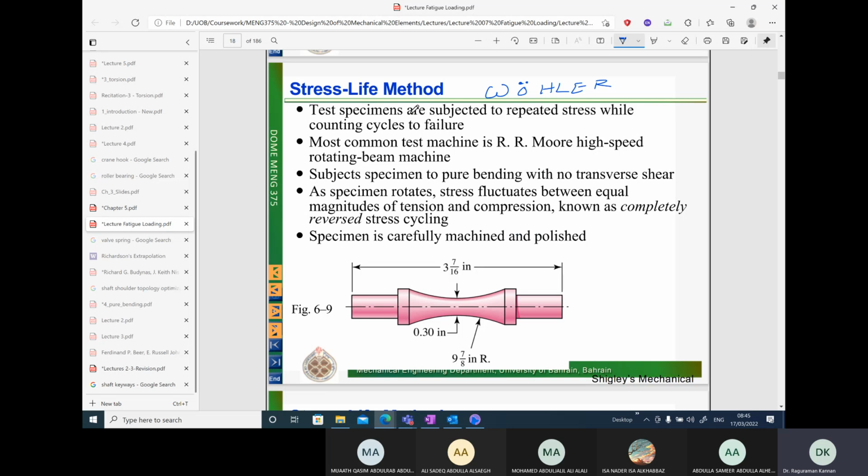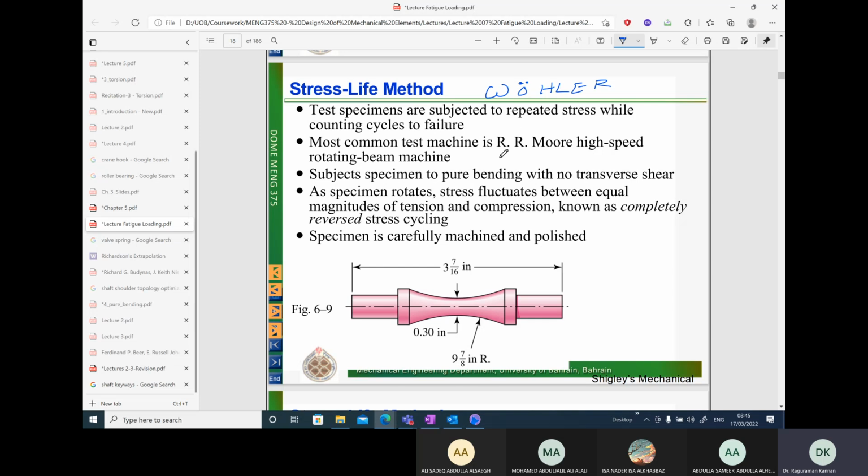In the experiment, we take the test specimen and subject it to repeated cycles of stress. What kind of stress? It could be bending stress, tensile and compressive stresses, or torsional stresses in cycles. Mostly we do bending and tensile and compressive stresses.